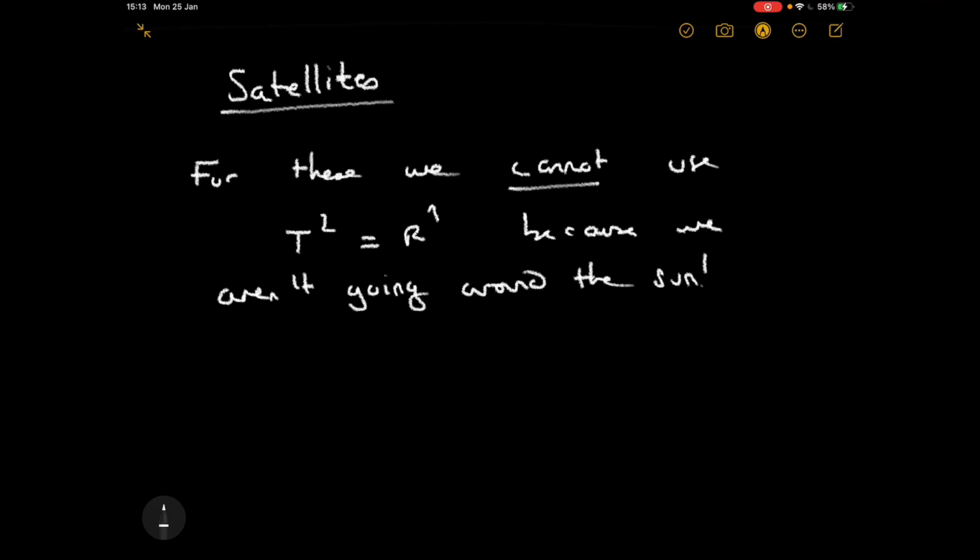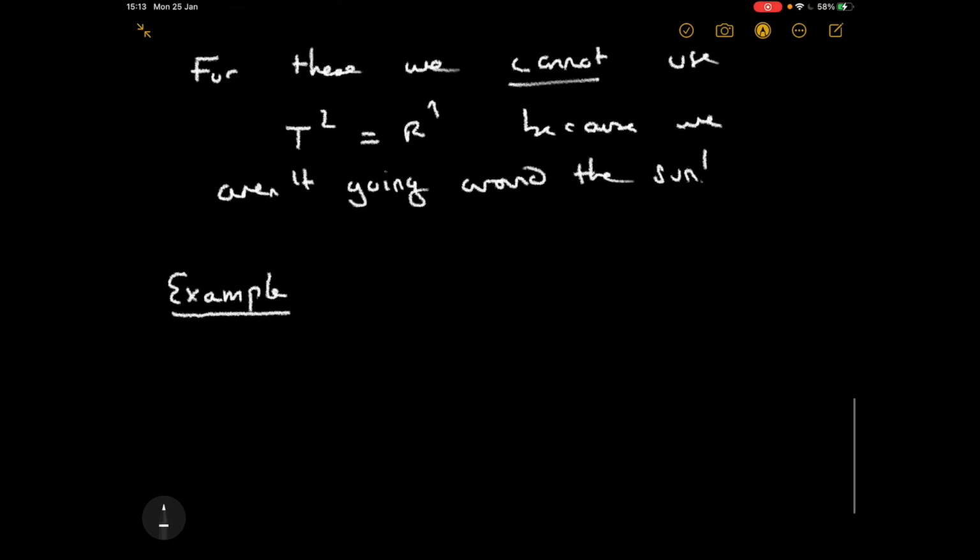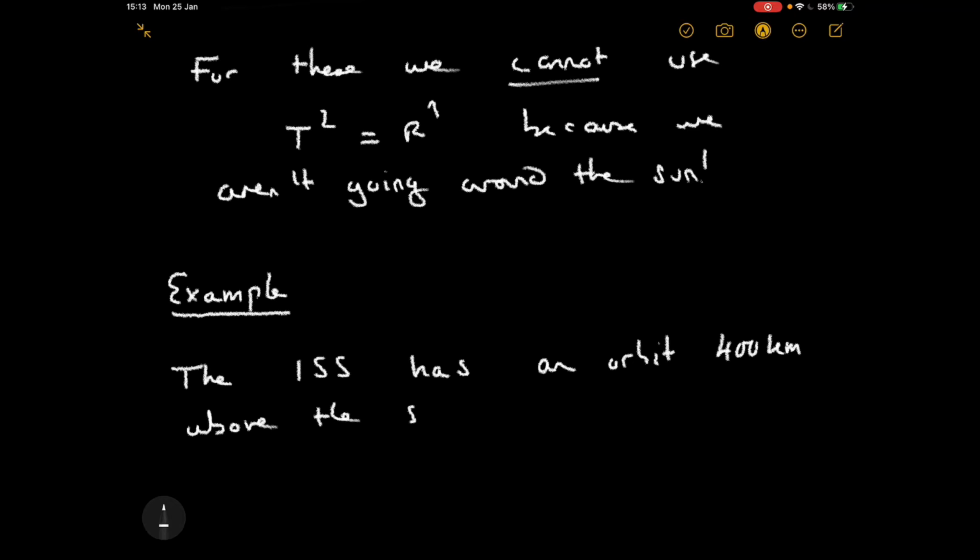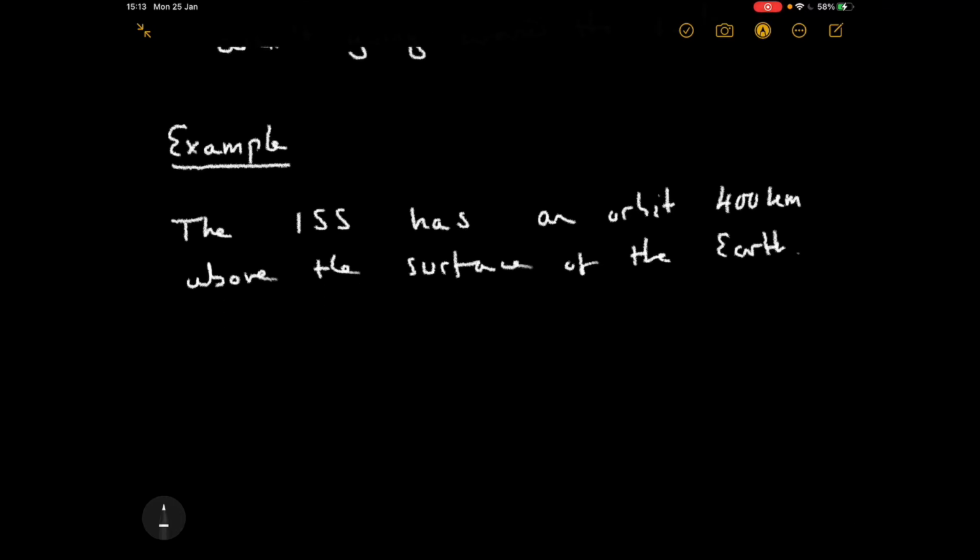As an example, the ISS is in orbit 400 kilometers above the surface of the Earth. What is its orbit time?